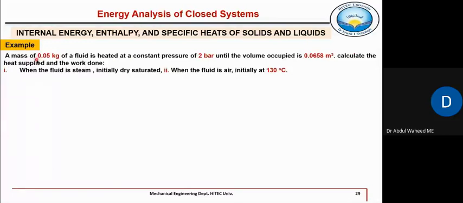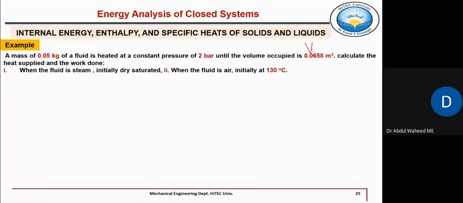A mass of 0.05 kilograms of a fluid is heated at a constant pressure of 2 bar. So we are heating that fluid at a constant pressure, it is important, of 2 bar until the volume occupied is 0.0652 meter cubed. So that is V2, because V1 is not given here.